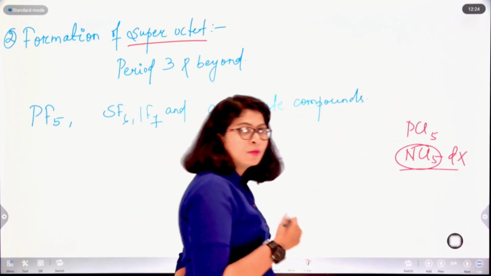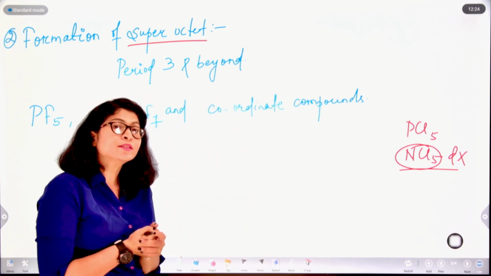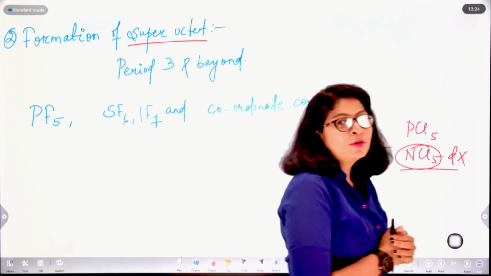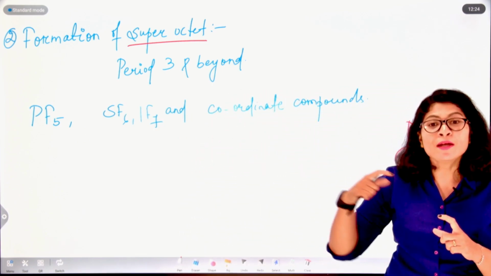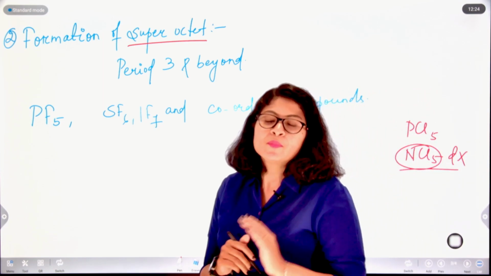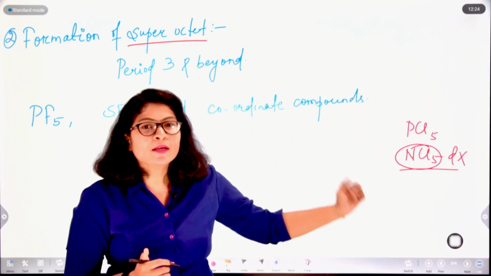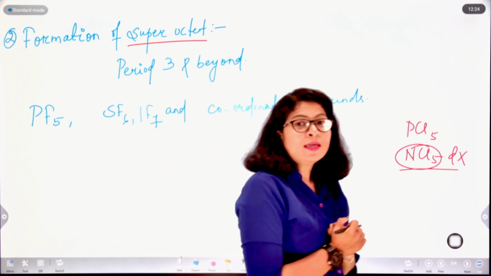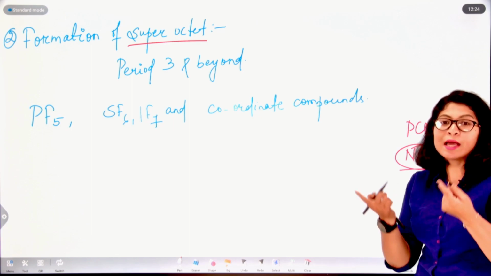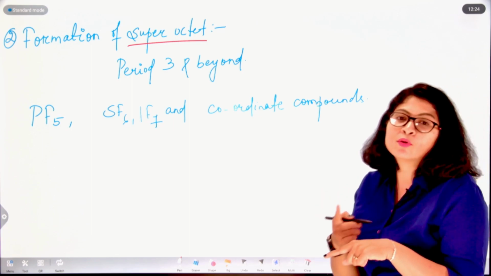So the compounds where there is a chance of presence of d electrons can expand their octet beyond the set orbital. They can form bonds or acquire electrons around them more than 8.